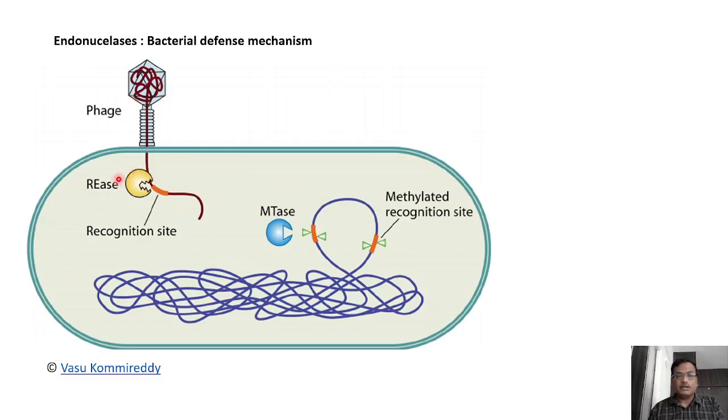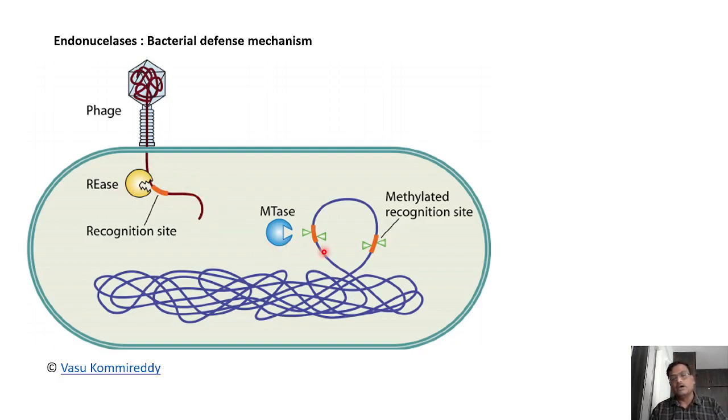Now remember, the restriction endonuclease which is present in this bacteria will not cut its own DNA. The main reason is this restriction endonuclease will cut the DNA at a restriction site, and that sequence is not found in its own DNA. In this way, its own DNA is protected from the action of this enzyme, whereas this enzyme will protect it from the infection of virus.